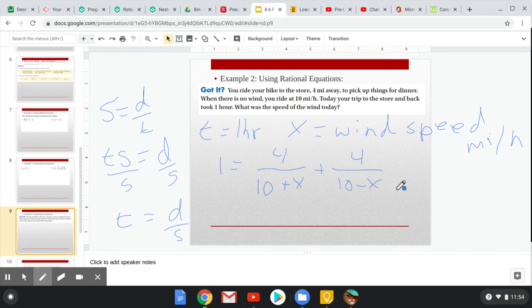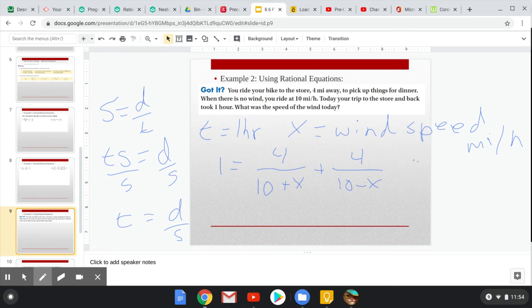This is our equation. Just like we did solving equations in the previous examples, we're going to multiply the whole thing by the common denominator. First we have to figure out what that common denominator is going to be. Notice that these denominators are not the same, they are different.